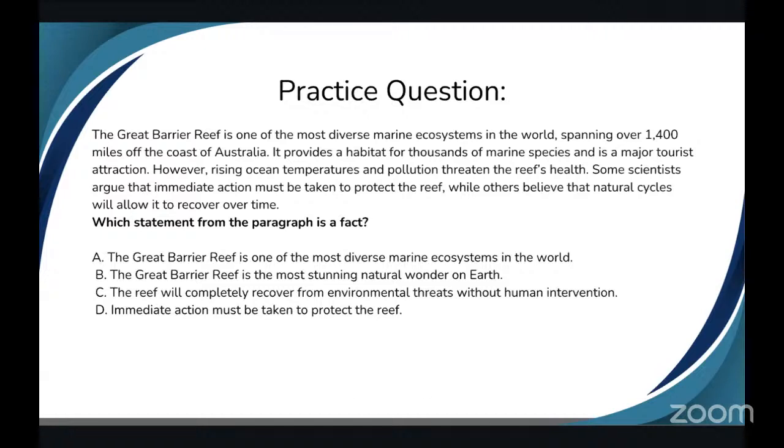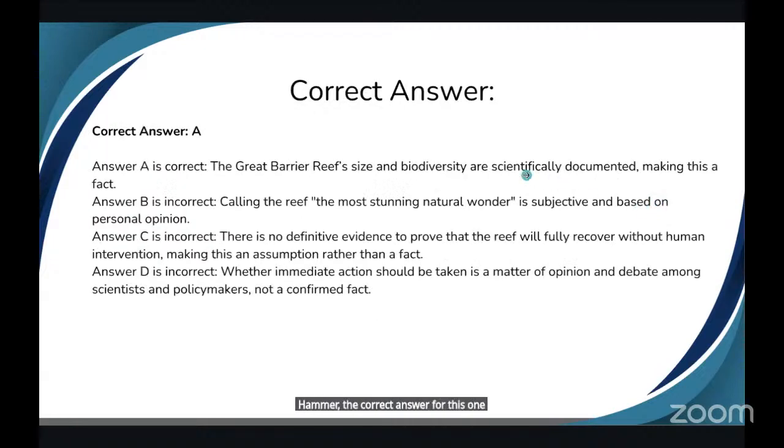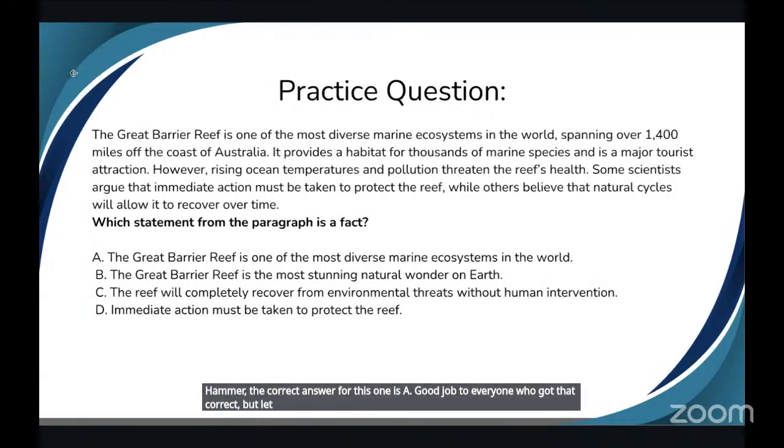All right, just a few more seconds. All right, there's our timer. The correct answer for this one is A. Good job to everyone who got that correct, but let's go back and take a look at it.